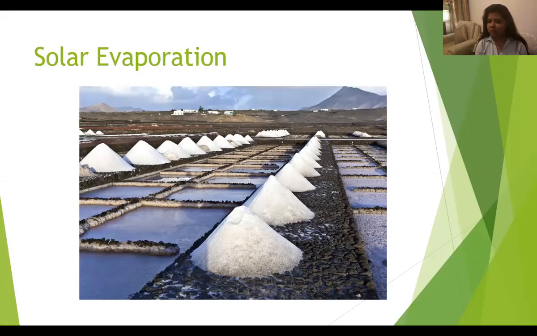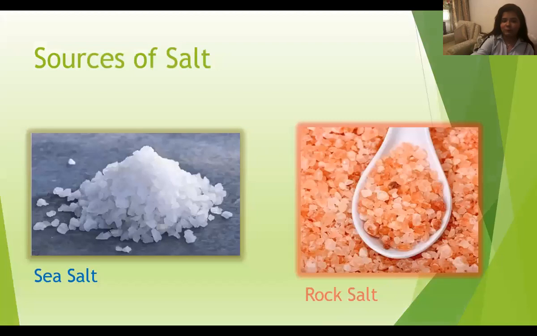This is all salt, right? And we know that sea water is very, very salty, and it helps us make salt, right? So when we read the lesson, we're going to understand in detail what exactly solar evaporation is.